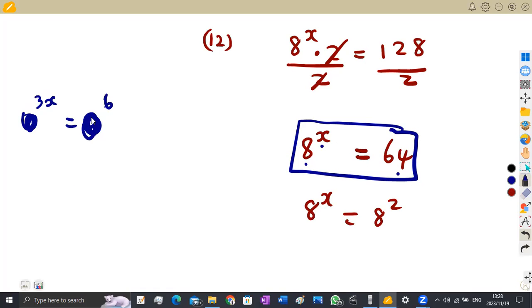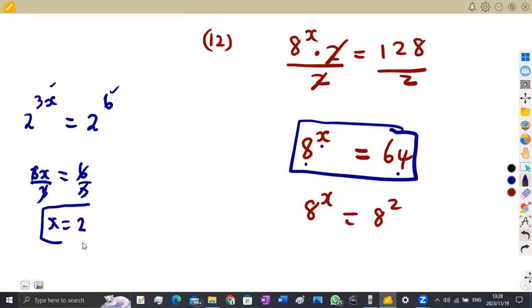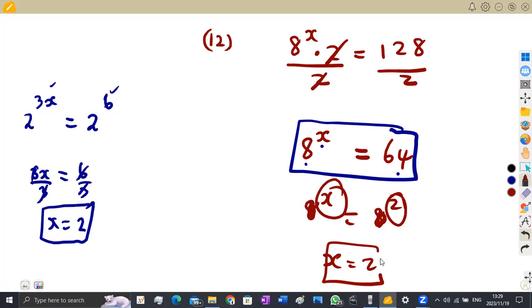Once the bases are the same, that is what is important. You equate your exponents. So 3x is equal to 6. You divide by 3, so x is equal to 2, which is the same thing that we see here. The base of 8, x is going to be equal to 2, which is the same answer.